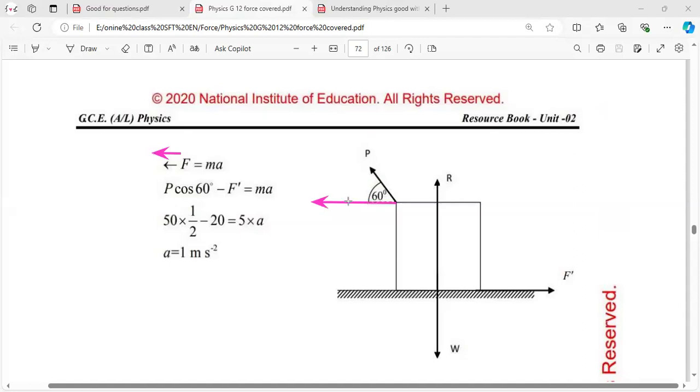If you are considering this direction, you only have to be concerned about this force and this friction. You can see P cos 60 minus F naught, meaning the friction, because it is in the opposite direction. And the weight is already given, so you can find out the mass. And the acceleration is 1 ms minus 2. It's kind of an easy one, right?